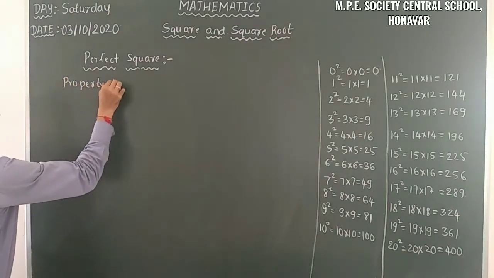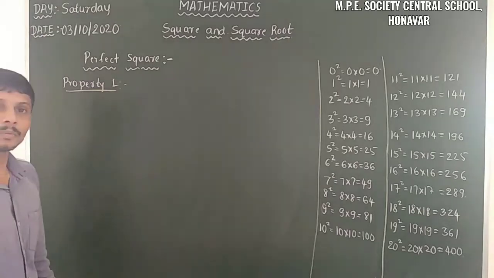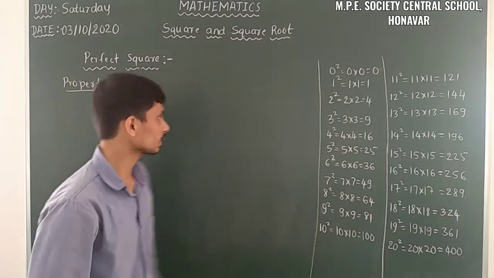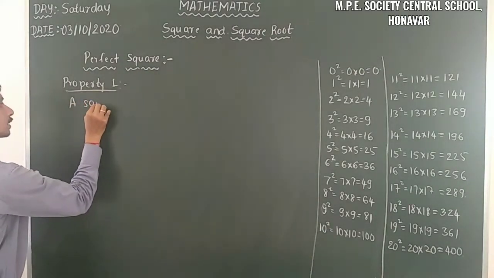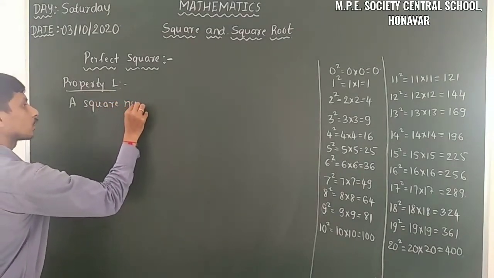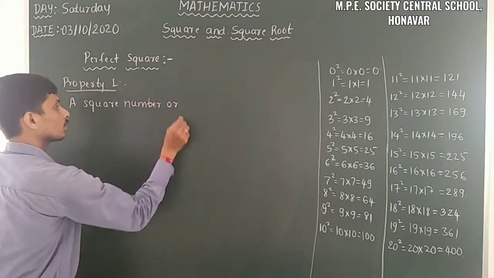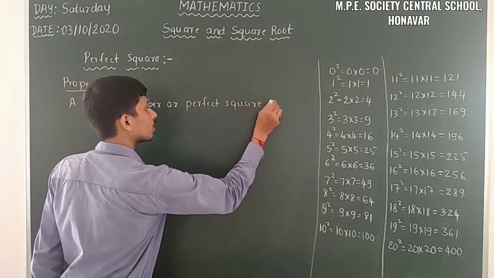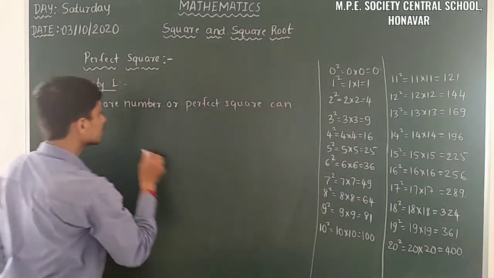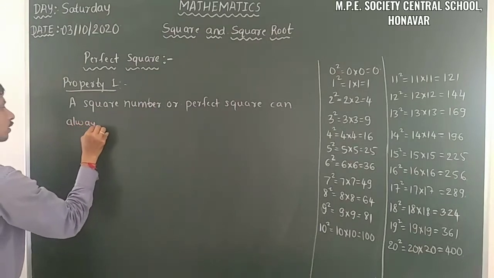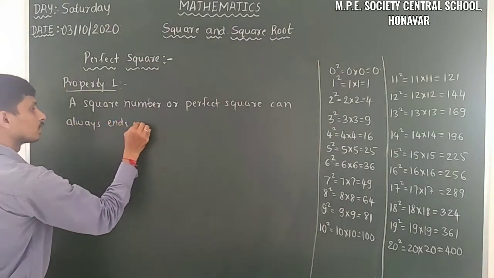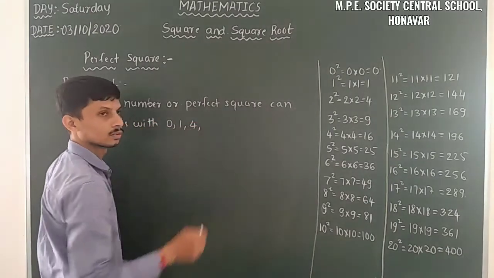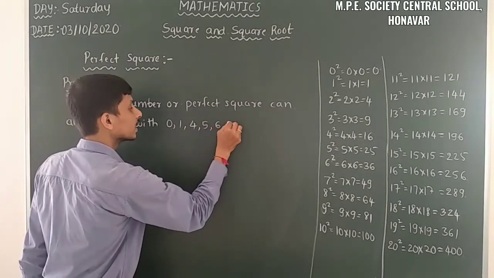Property 1. A square number, or a perfect square, can always end with 0, 1, 4, 5, 6 and 9.